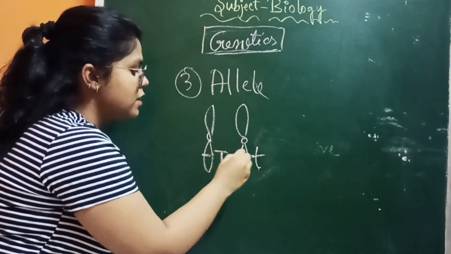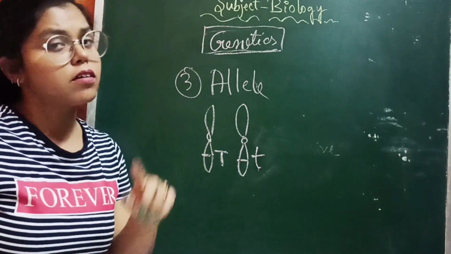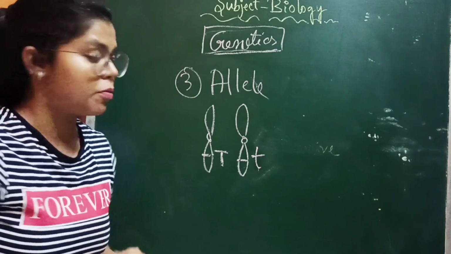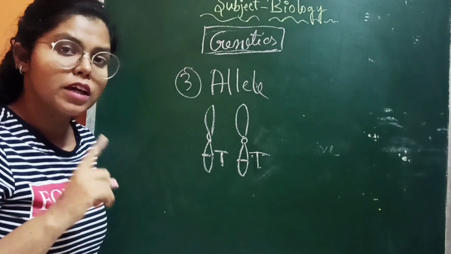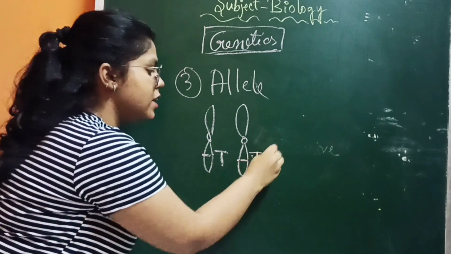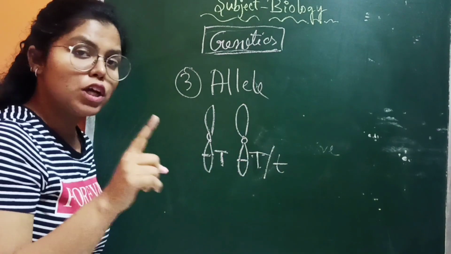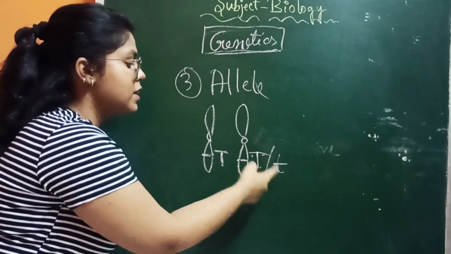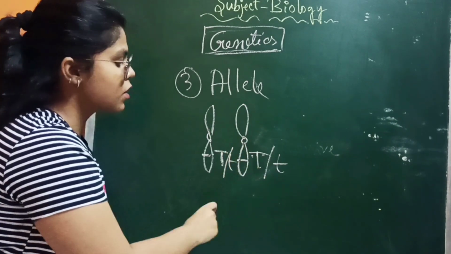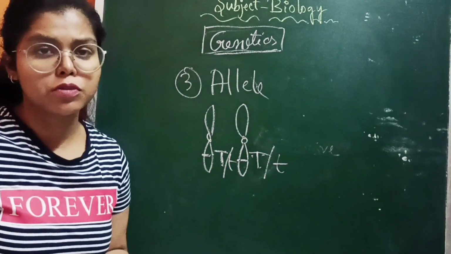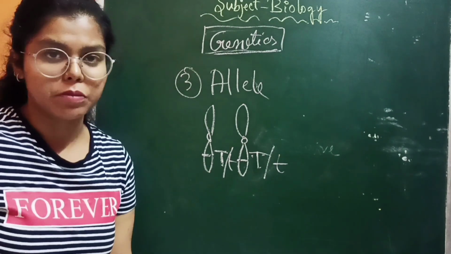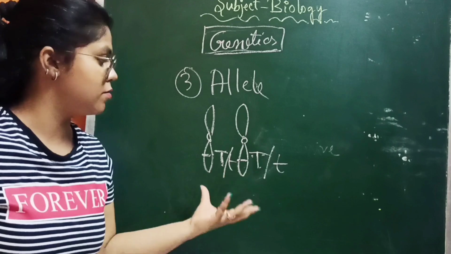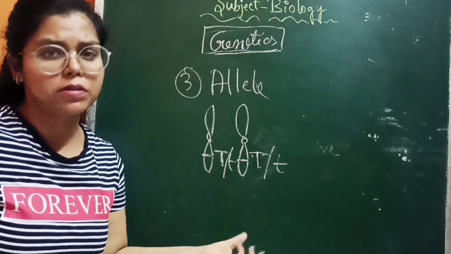In that case, capital T can be present on both chromosomes, either capital T and capital T, or capital T and small t, or both chromosomes having small t. We will discuss this later in Mendel's experiment.